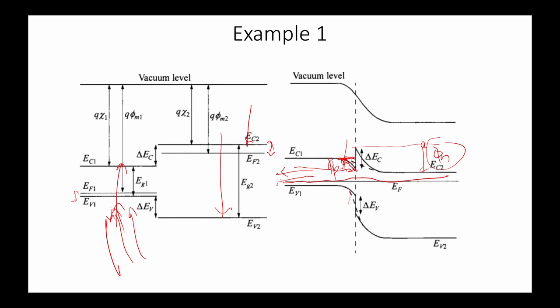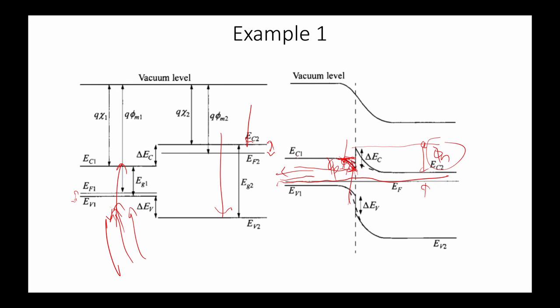What I wanted to tell you is, if this conduction band is more below the Fermi level, then there will be an excess of electrons at this junction. This is kind of a triangular well, and the electrons are already here.